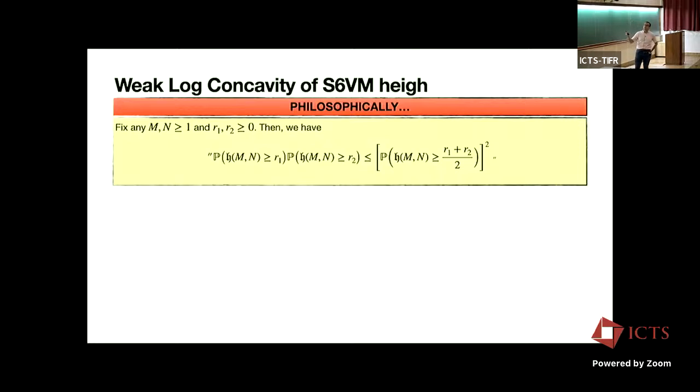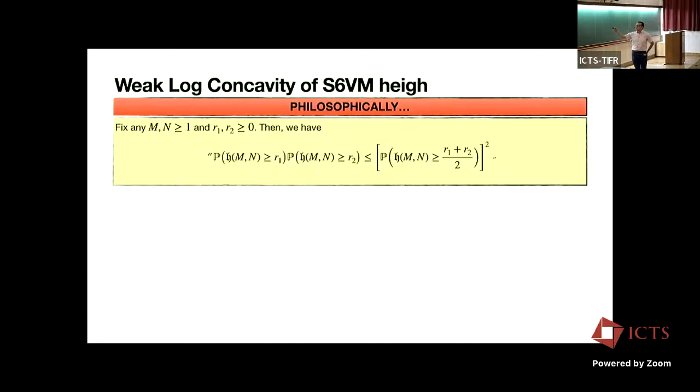This is an instance, not unproven. But this equality here is only philosophical. This is not what we proved, but I believe it's true. But anyway, this is an instance of one of the log concavity results that could be proven potentially with these new advances. But okay, I won't discuss this.